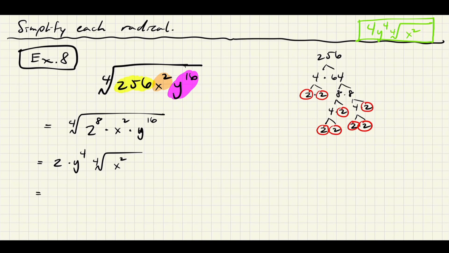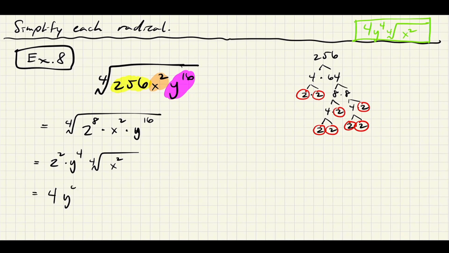So it should have been 2 squared. That was a mistake right there. It would have been 2 to the 4th if I was looking for pairs, but I'm not looking for pairs. So 2 squared is 4. Y to the 4th, and then we have the 4th root of x squared. Done.